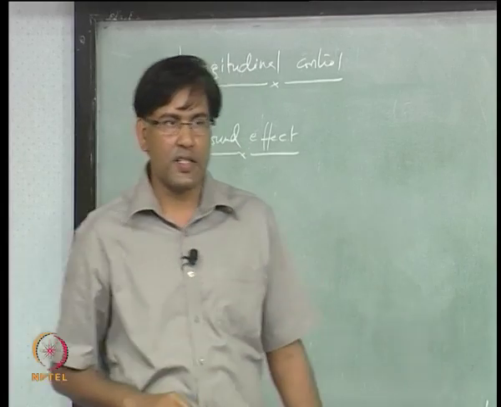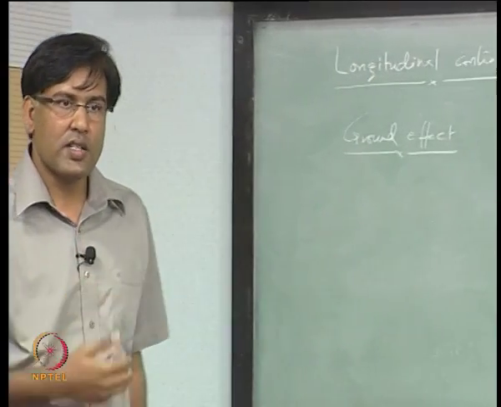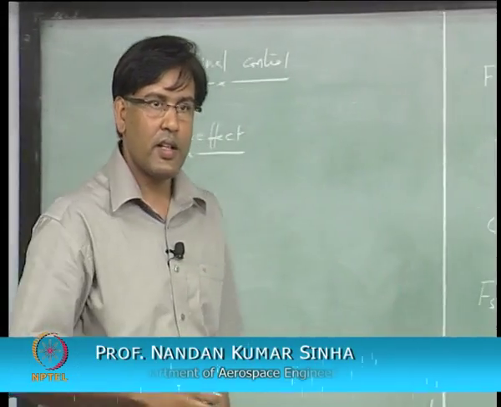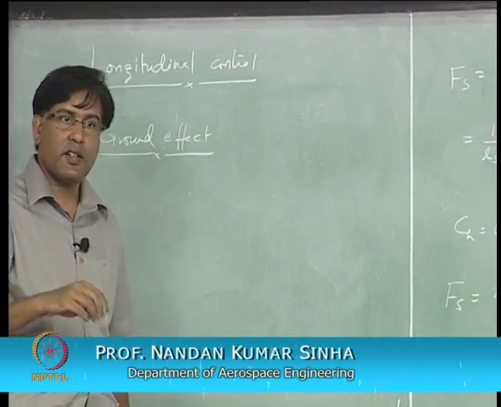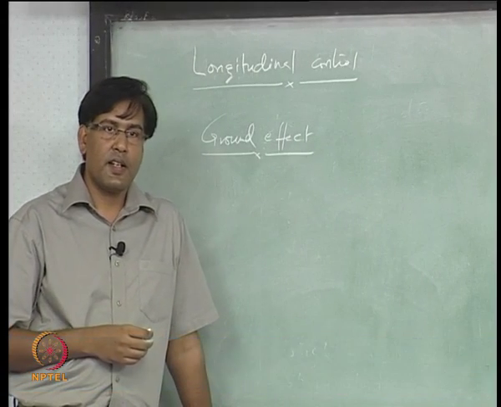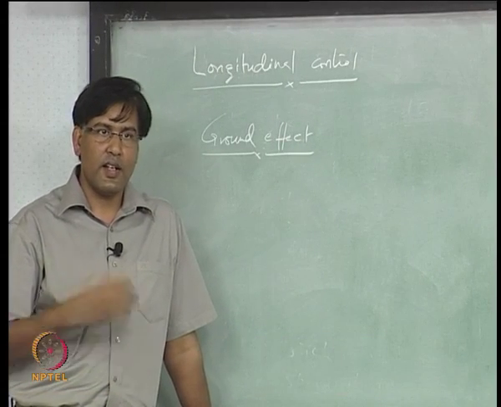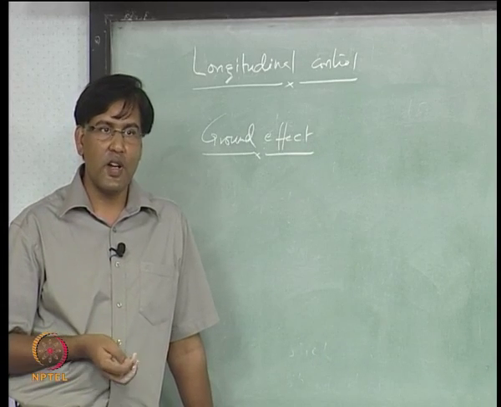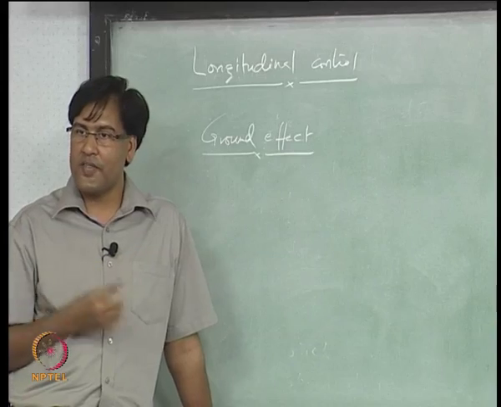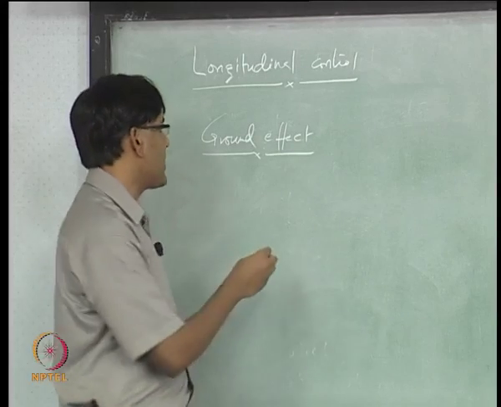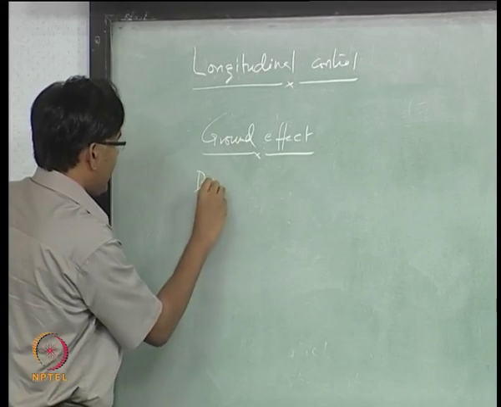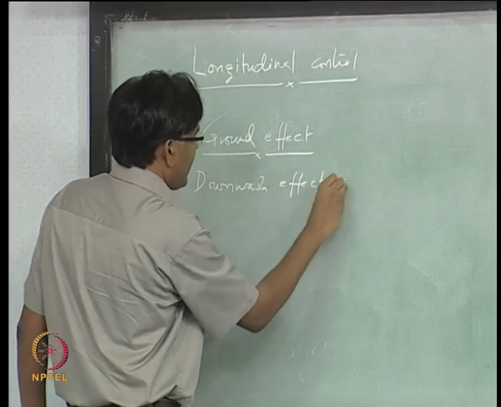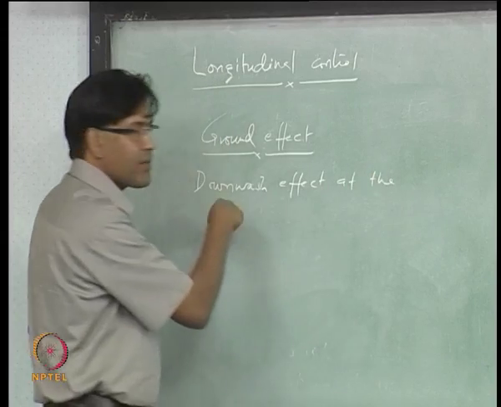So one of the main effects is that downwash angle at the tail is going to change, which way? It is going to increase or it is going to decrease? It is going to decrease. Downwash effect is going to decrease when you are close to ground. So, this is one of the major effects. Okay.